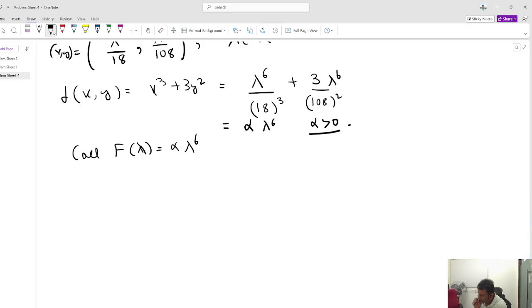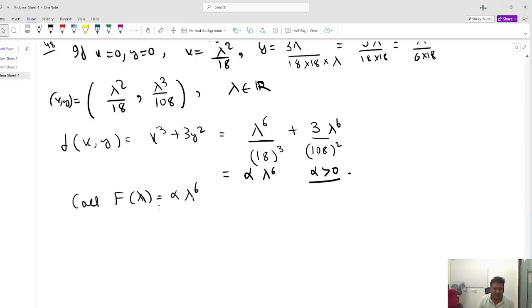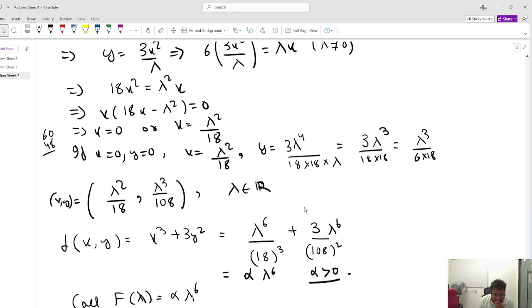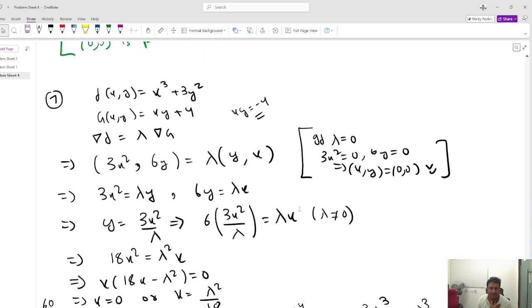I think you know the graph of this, right? So you can do the further analysis. This is a function of one variable where you can study the points of local minima, local maxima, and all such things. Okay, good. So, any other points you are getting? So, these are the points. Let me see.